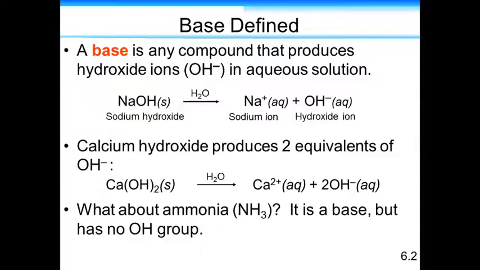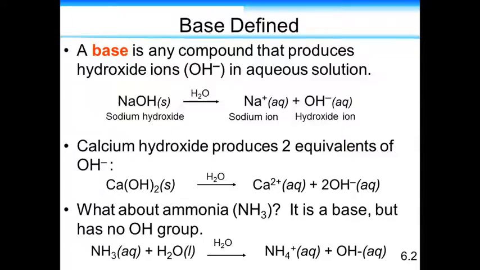What about ammonia, NH3? I talked about that being a base earlier on, but it doesn't have an OH group in the compound or molecule formula. But when you add it to water, the nitrogen will steal a hydrogen from the water, leaving us with OH minus in solution.